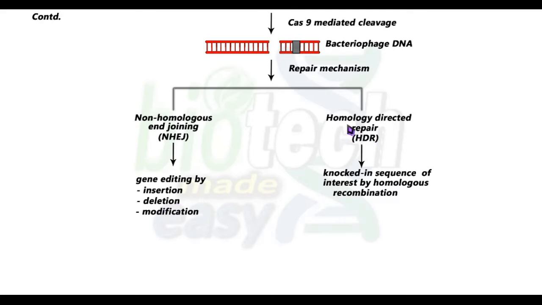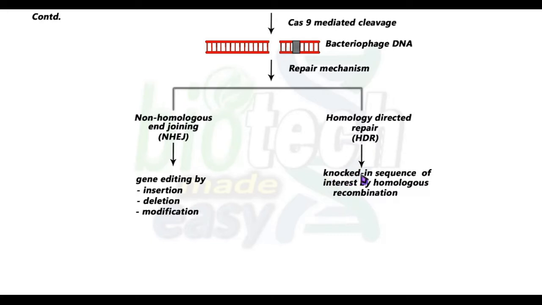Whereas this second one is the homology directed repair, which is commonly known as HDR. It is a kind of homologous repair. So here the gap which was made by the double-stranded break is fixed by a short sequence of DNA. So you need a short sequence of DNA here. That means here a short strand of DNA is required as a template, and it leads to what?